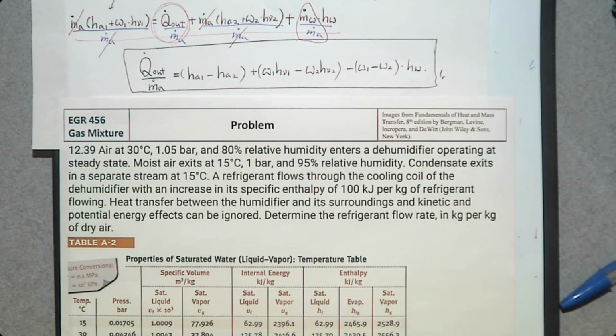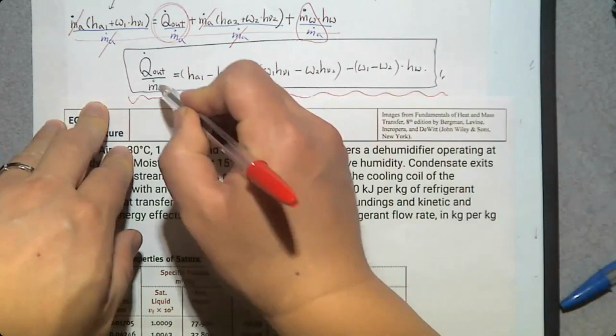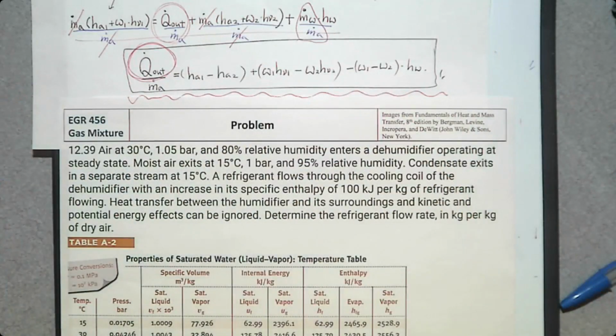So which means solve this equation and calculate the rate of heat transfer. If you calculate the rate of heat transfer, divided by 100, that's going to be the mass flow rate of the refrigerant, right? Because let's say we need to remove 200 kilojoule per second.